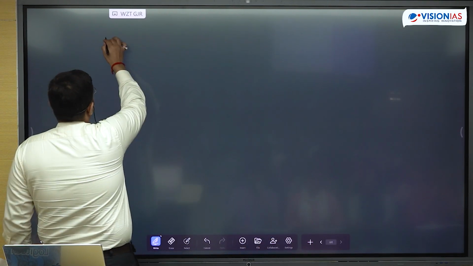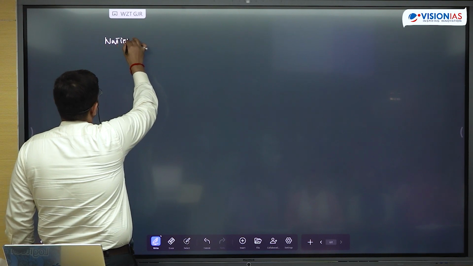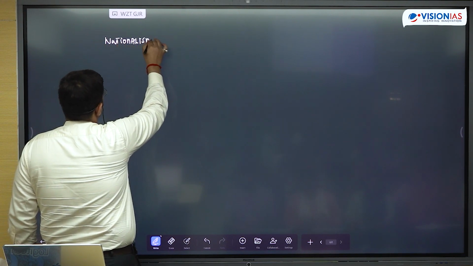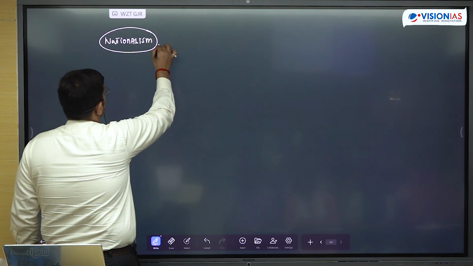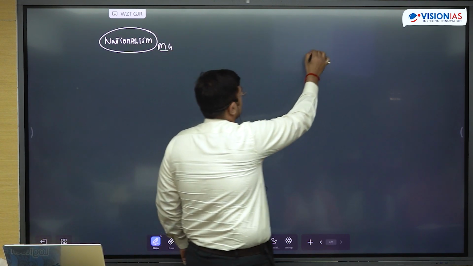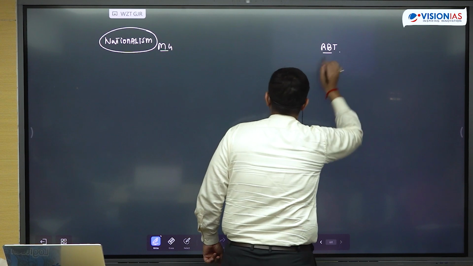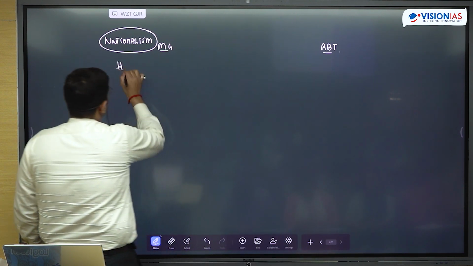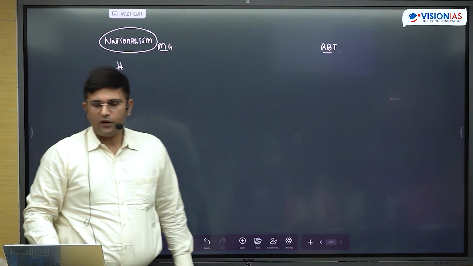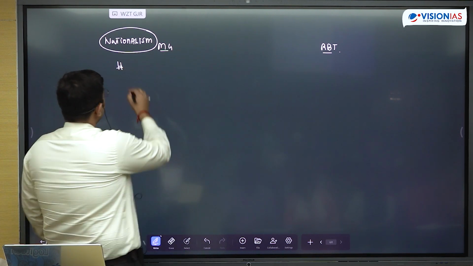Second component is nationalism, right? So on one side you have Mahatma Gandhi, on other side you have Rabindranath Tagore. With respect to Gandhiji, if you talk about, let's say, concept of nation, right?